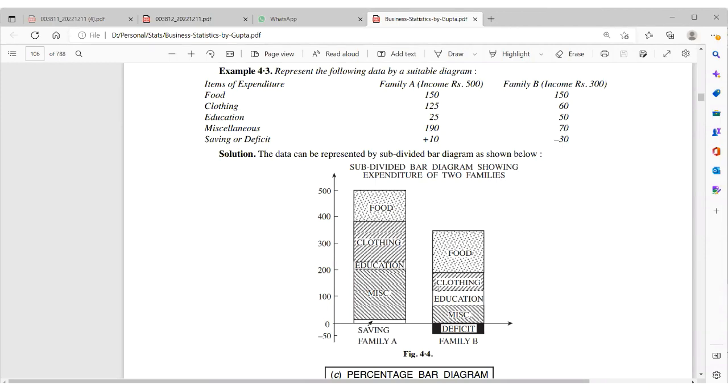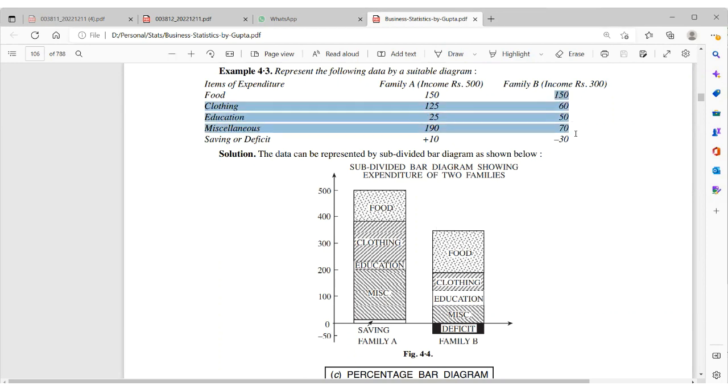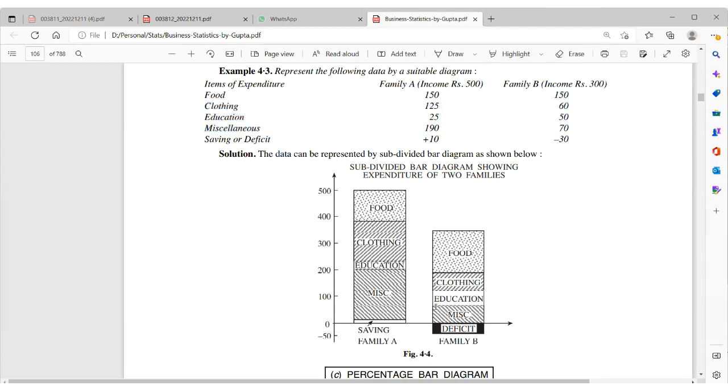Because from 0, it is 70. Total is 300. Now 70 minus 30 is 40. We make a line at 40. Then again 40 plus 50, 90. We make a line at 90. And so on like this.